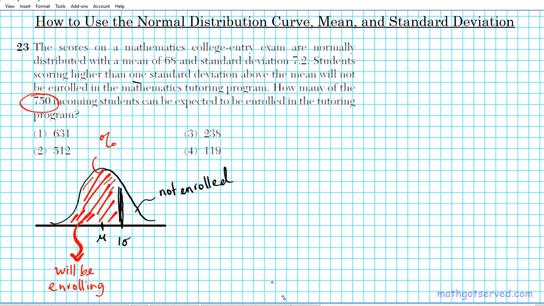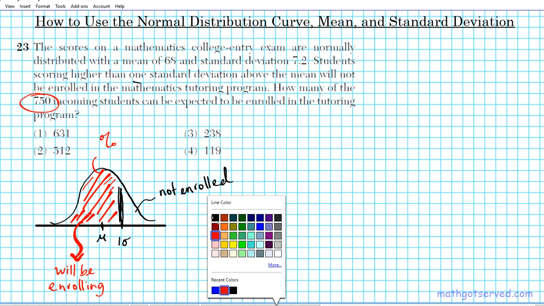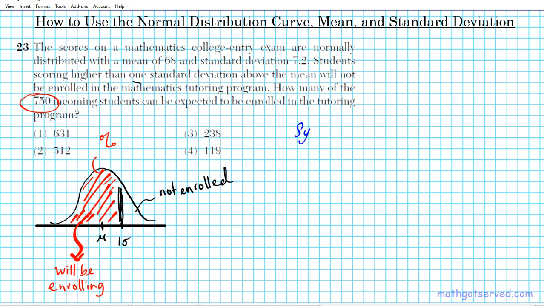Okay, so we don't have a normal distribution curve here, so we're going to be using our calculators to help us with that. We're going to be using the normal cumulative density function feature of the calculator to do it. So normal CDF, we're just going to enter the minimum value, the maximum value, the mean, and the standard deviation.